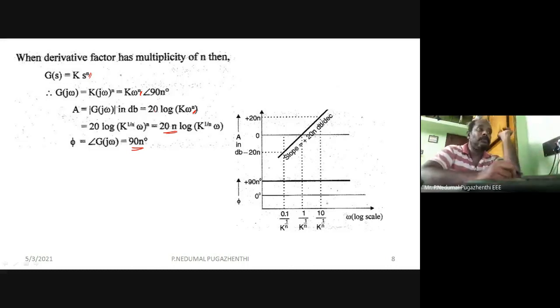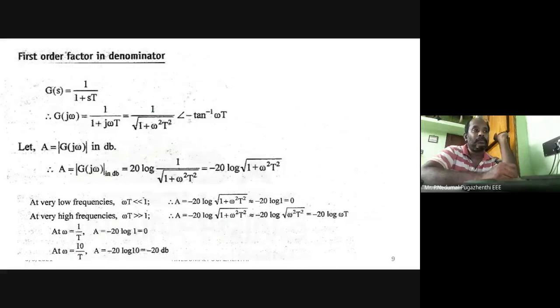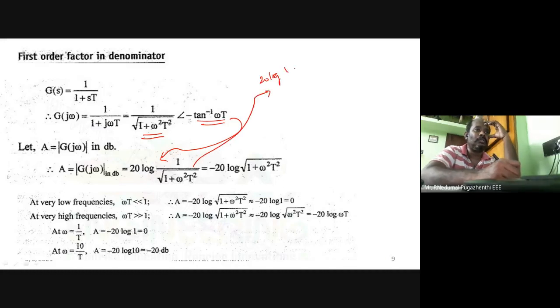Same way, if you have a first order factor like this, what you normally do? This is your magnitude and this is your phase angle. Because it is in the denominator, you take it like tan inverse of omega t in the denominator. If you take it to the numerator, you will have minus tan inverse of omega t. Now to convert that into decibels, you multiply that with 20 log. Since it is a denominator, you will get 20 log of 1 by square root of 1 plus omega squared t squared.